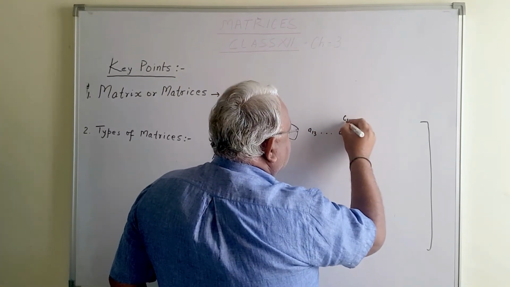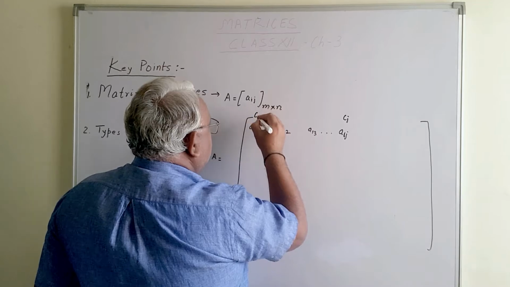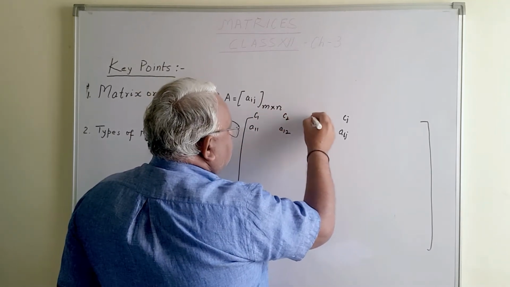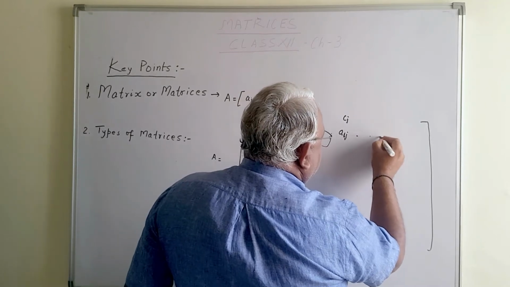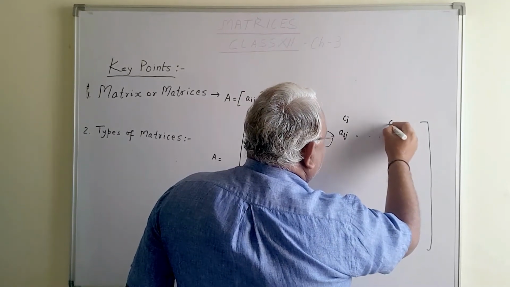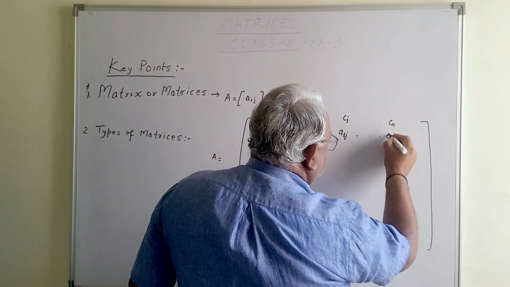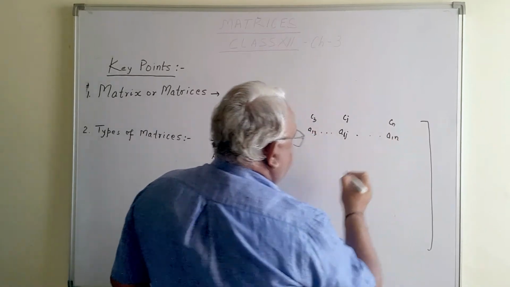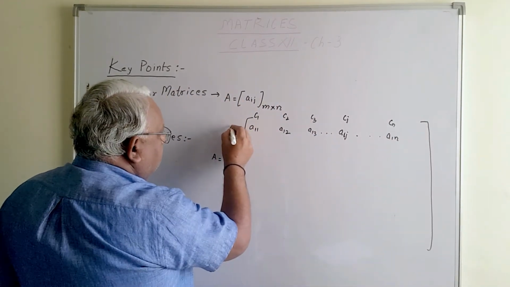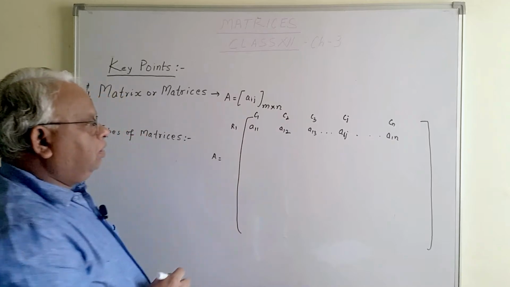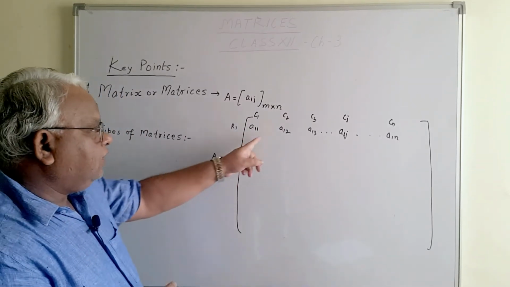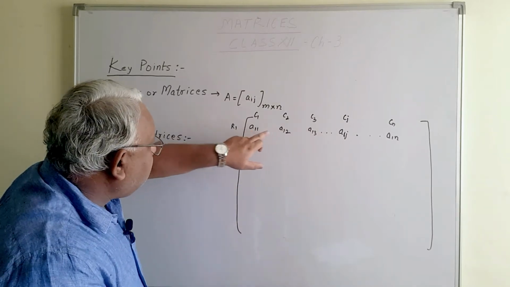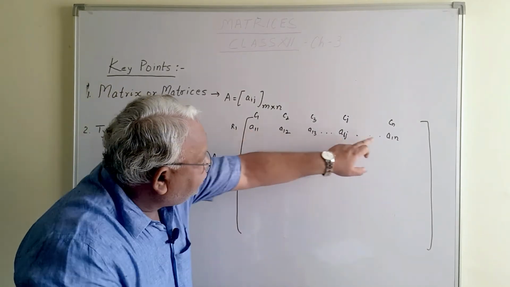This is Cj, this is C1, C2, C3, so this is the jth column. And similarly you will move to the nth column, that will be A1n, and this is your R1. What do you observe? When you are writing these elements, your first index is the same, 1.